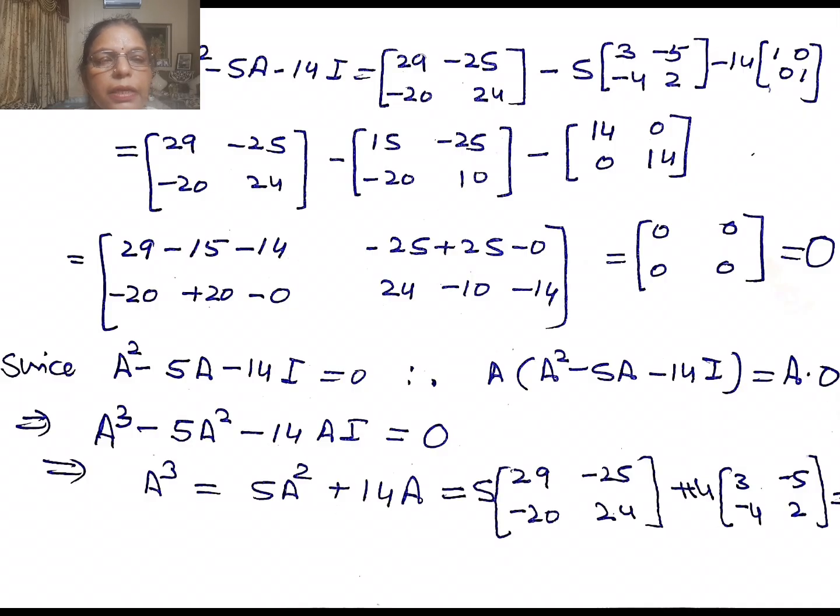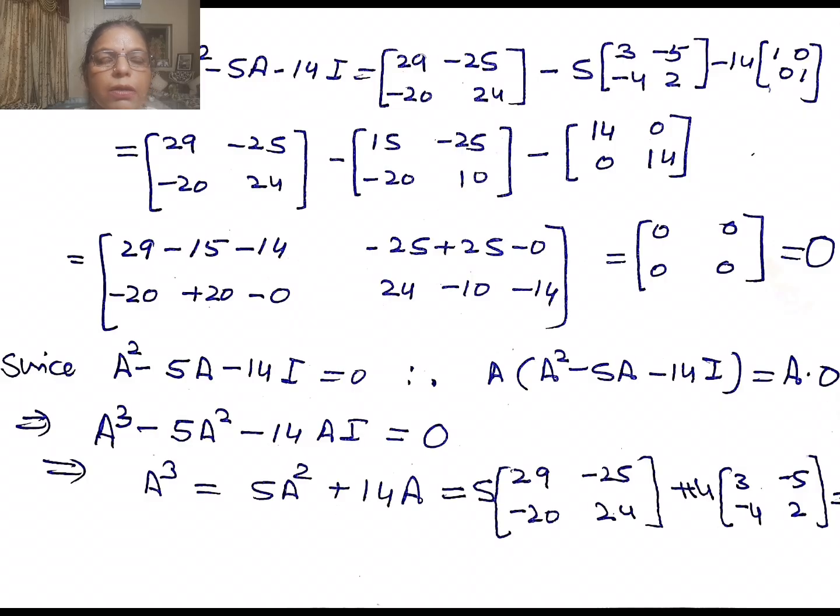So A squared minus 5A minus 14I is equal to the zero matrix. Now multiplying both sides by A, we get A into (A squared minus 5A minus 14I) equal to A into 0. So that means A cubed minus 5A squared minus 14A goes to the zero matrix.